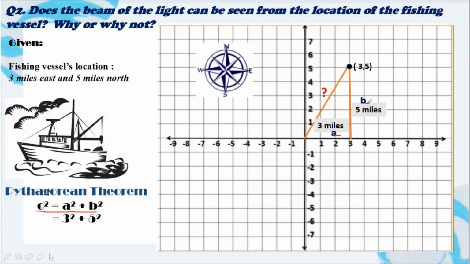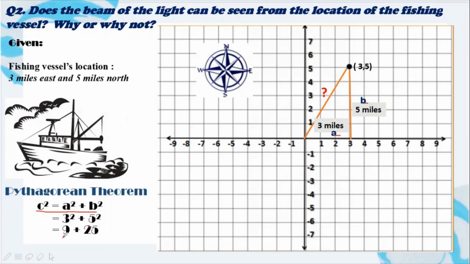Copy c squared, then substitute a, which is 3. Don't forget to copy also the exponent, so we have 3 squared plus the value of b, which is 5, with exponent 2. Then after that, simplify.